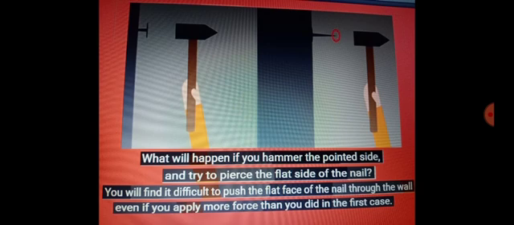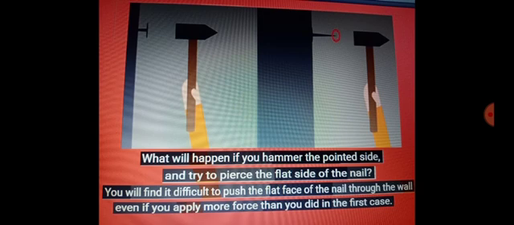You see in the first picture, we are hammering on the flat side of the nail and the pointed side is piercing the wall. In the second picture, we are keeping the nail the other way around. The flat side is kept on the wall and we are hammering on the pointed side.